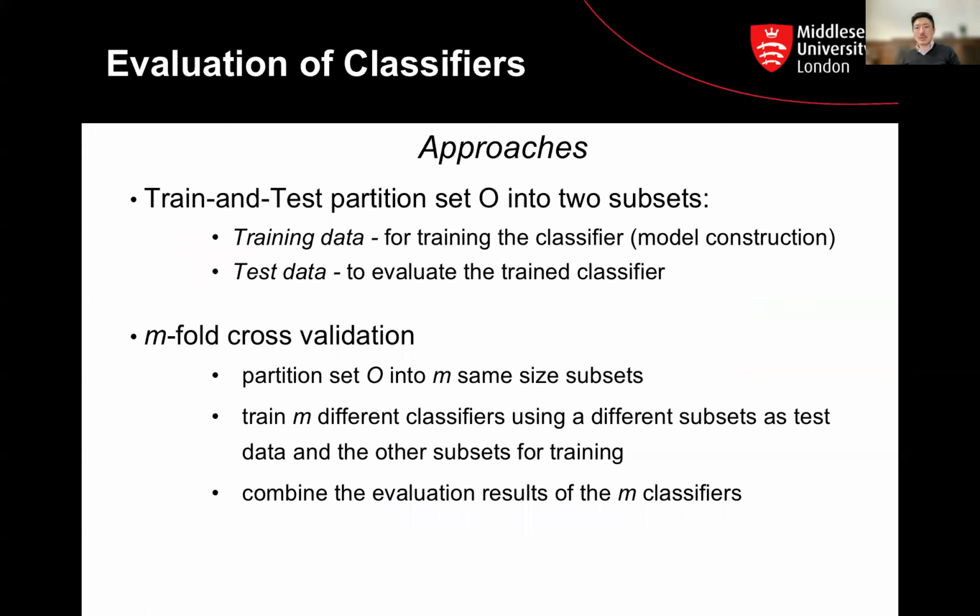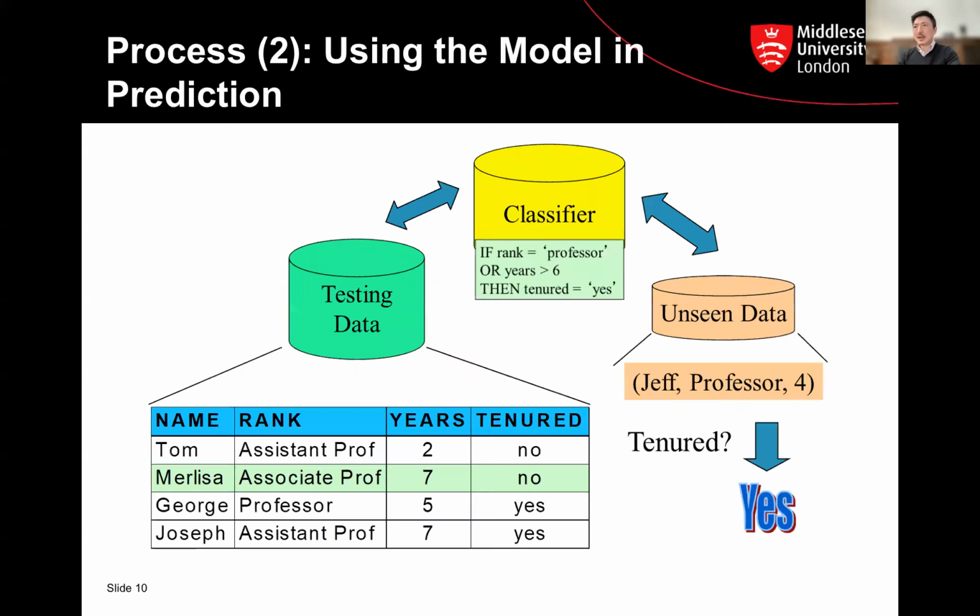Okay, and so this is where M-fold cross-validation comes in. You try to use all the data set you have to train the model, but still be able to do some testing. As we said before, if you partition all the data you have into 2 parts, you can only have maximum, say, 3 to train the model, and then another one to test.